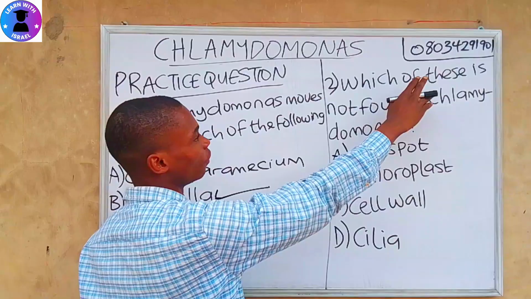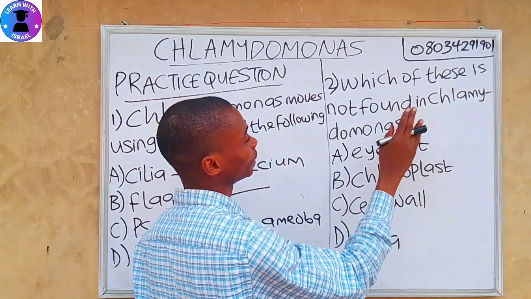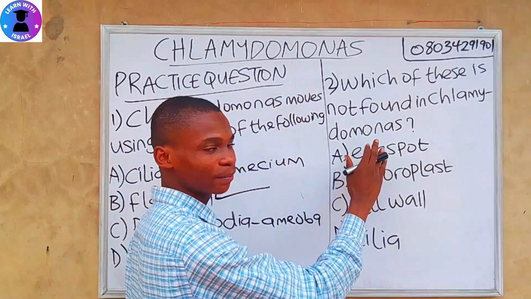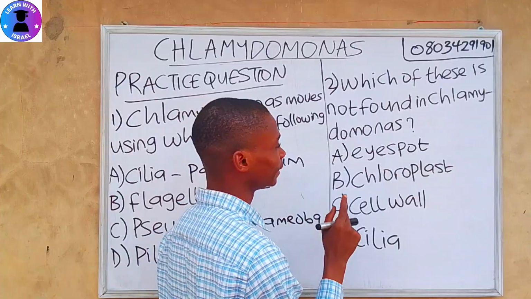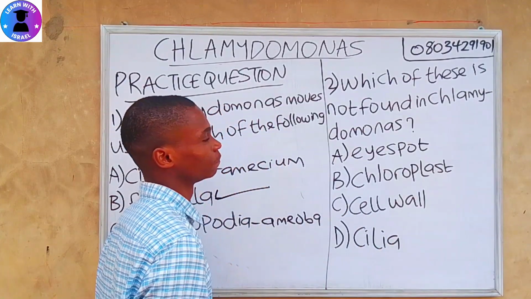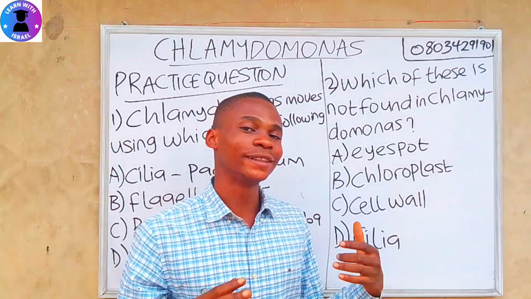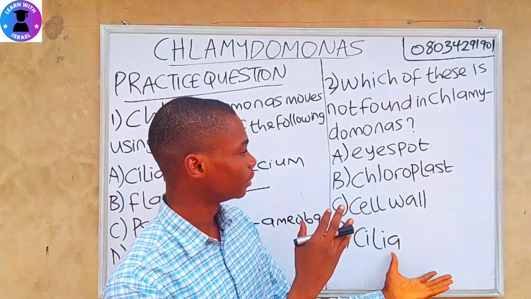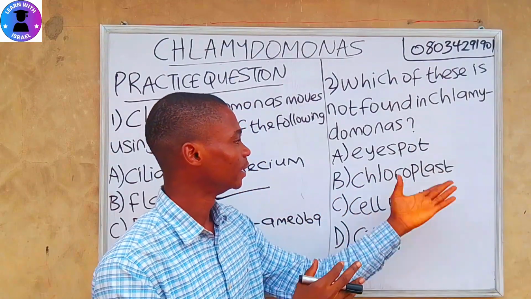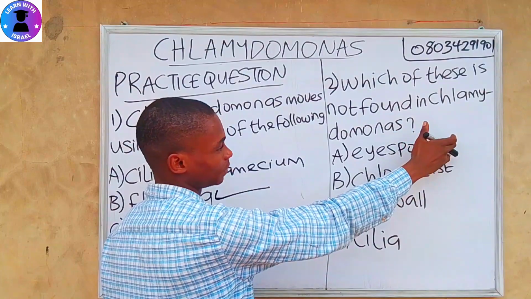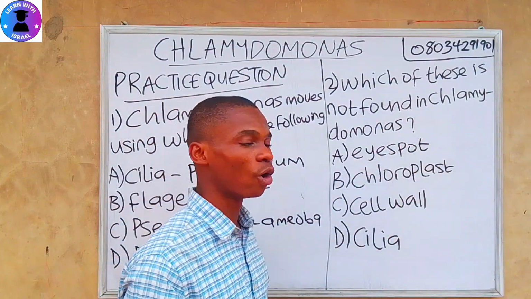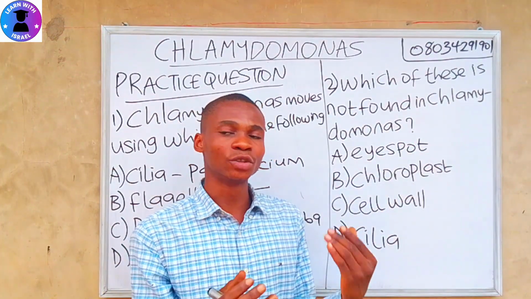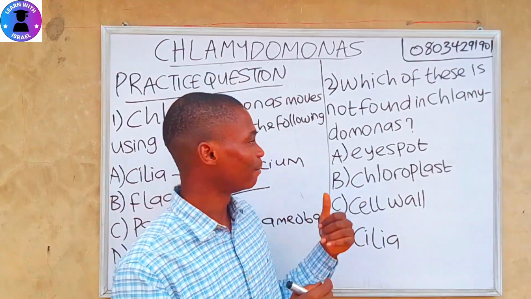Question 2. Which of these is not found in Chlamydomonas? A. Eye spot, B. Chloroplast, C. Cell wall, D. Cilia. So, according to the diagram we drew and labeled, which one cannot be found in the options? Let's start from eye spot. Eye spot can be found because eye spot is used for detecting light in Chlamydomonas.